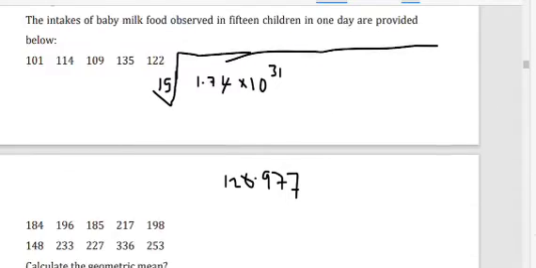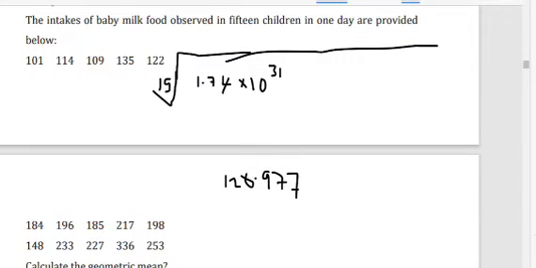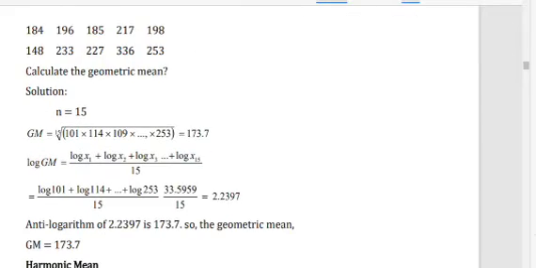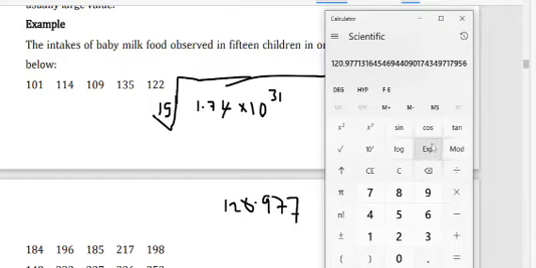Then we can also use the logarithm method. Now to use the logarithm method, I'll bring out my calculator and you are going to do this. We are going to take the logarithm of all these numbers, add them together, and divide by 15. And let me get my calculator. So I'm going to start with this.